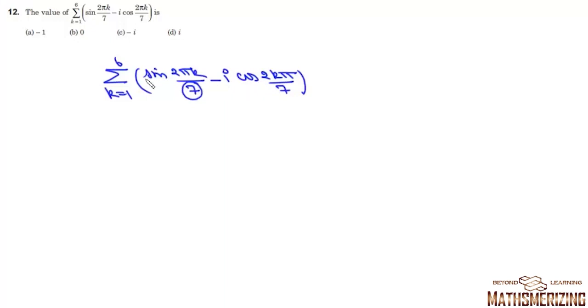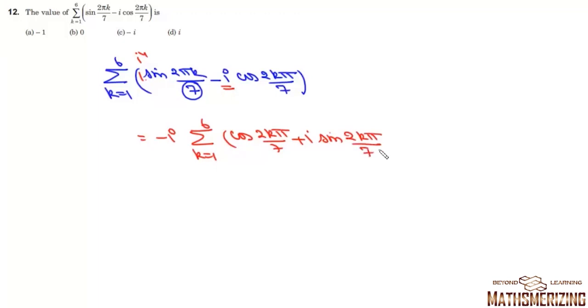Now what we'll do is, we'll assume there is this 1 here and 1 is iota to the power 4. So if we take minus iota common, then we can write minus iota, and then this summation k varies from 1 to 6 cos 2k pi by 7 plus iota sine 2k pi by 7.